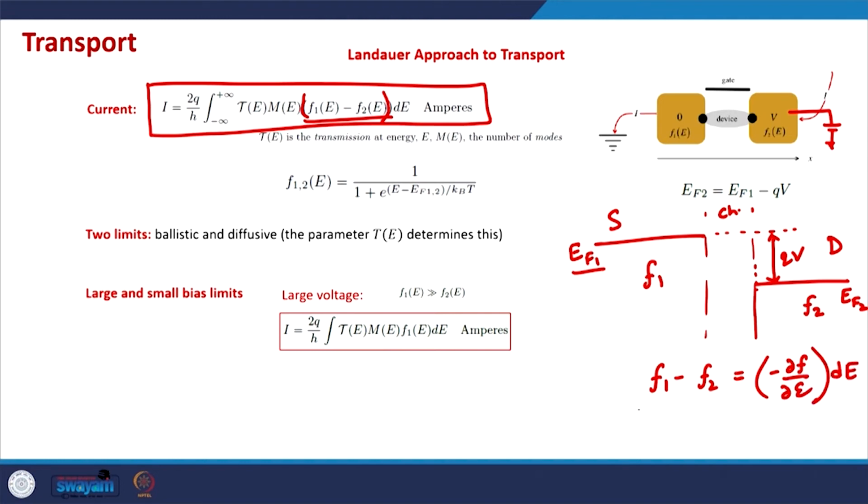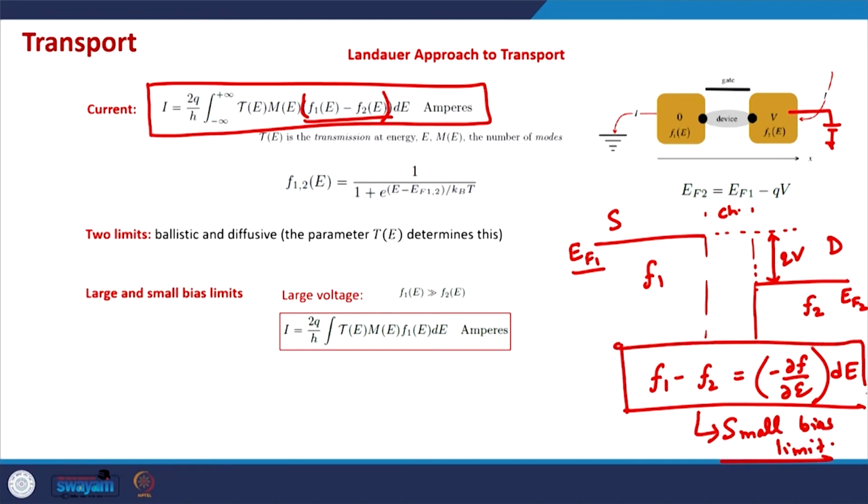So, this can be approximated by this function. This is the small bias limit. In the linear regime of the MOSFET, generally this approximation will be used, and in the saturation regime of the MOSFET, generally F1 minus F2 can be approximated just by the F1 function.